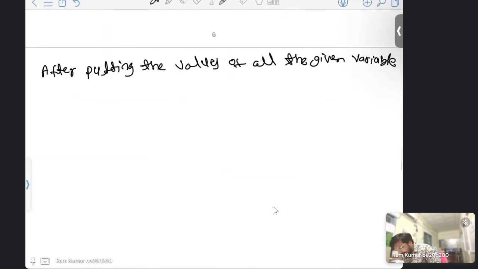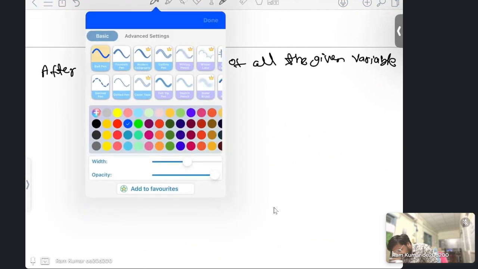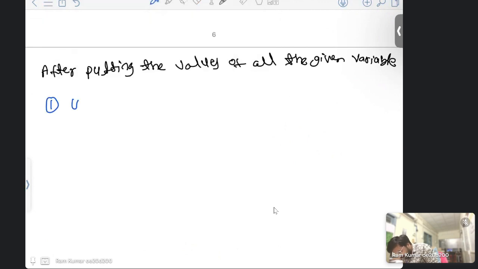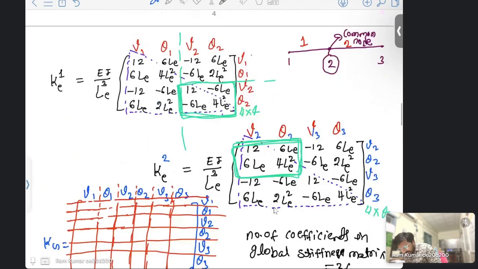Then after putting the values of all the given variables, then Kg, first the global mass matrix. So I will write first global stiffness matrix, and then that one we have to add.